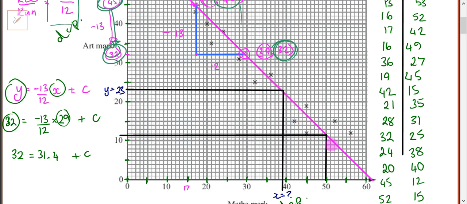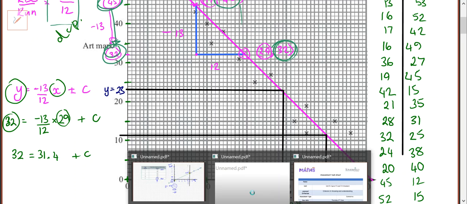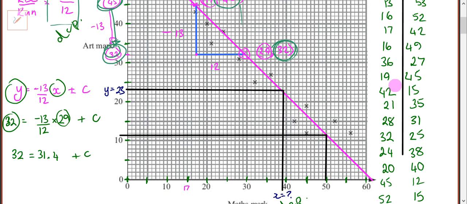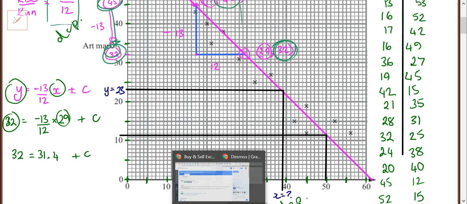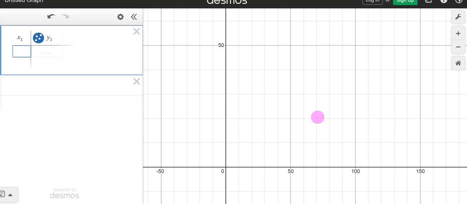Do you reckon you could get Desmos open quite quickly on your laptop so we can set things up for next time?